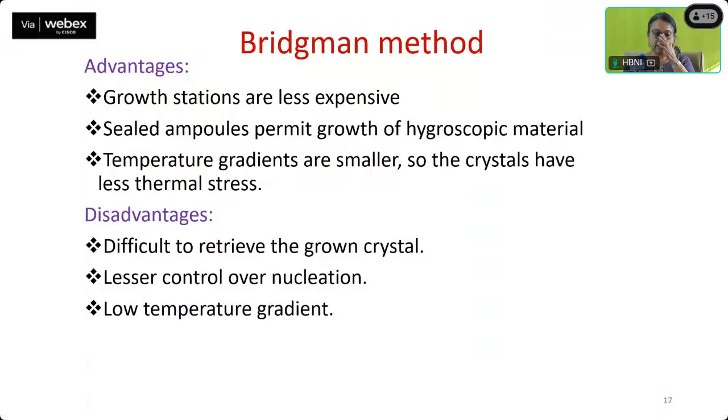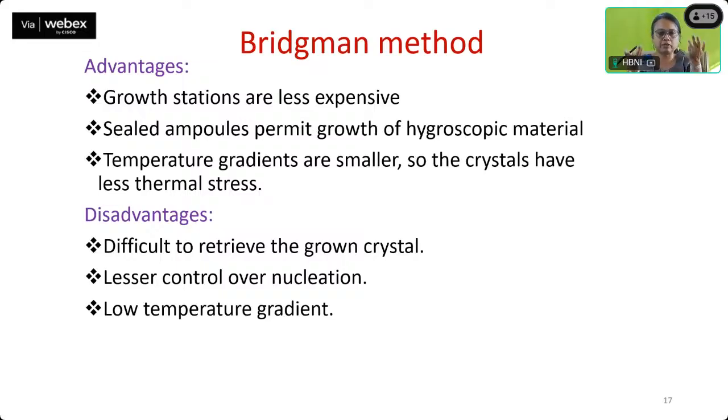The advantage is that these growth stations are very inexpensive because we are just maintaining two temperatures. The coil temperatures are different. We can change the temperature by just giving different currents to the top and the lower coil, and we are just lowering the ampule. The lowering rate depends on the material which we are growing.